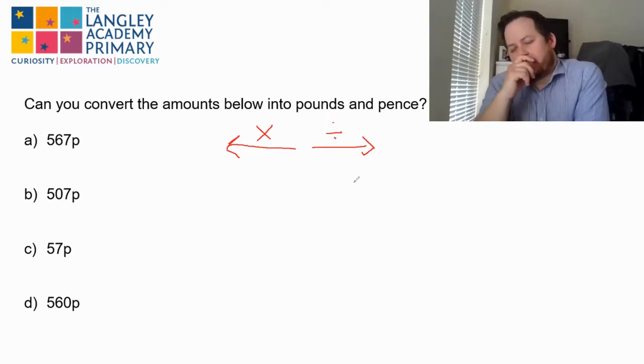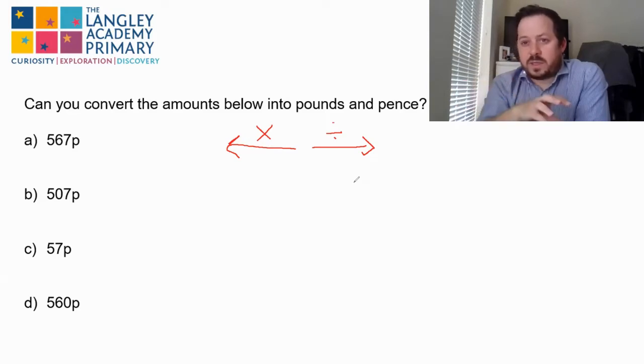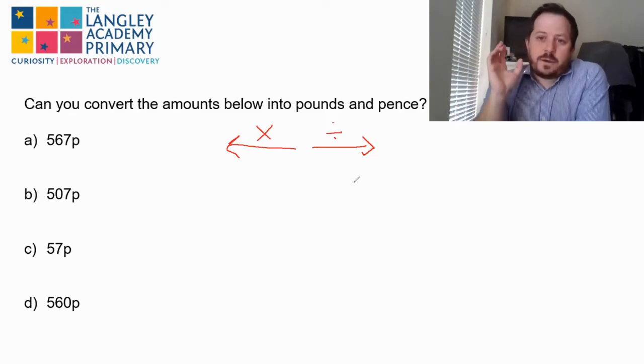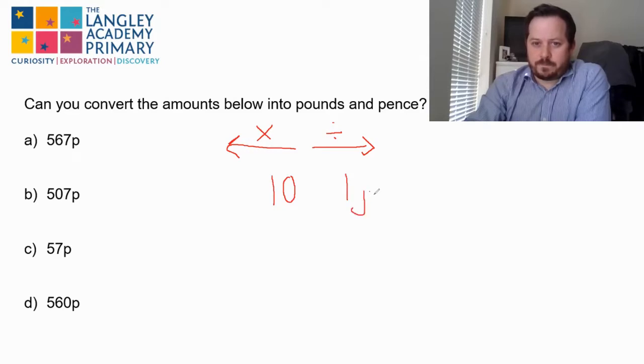The other thing we need to remember is how many jumps we do on our place value grid when we're moving them in the direction we want to go in. Remember, timesing or dividing by 10 was 1 jump. Timesing and dividing by 100 is 2 jumps.